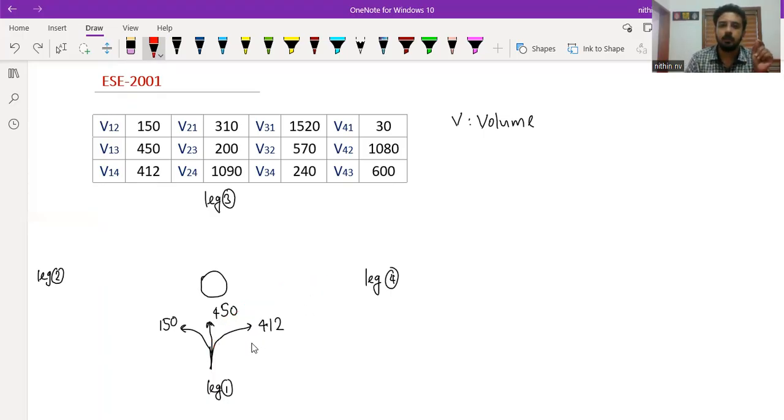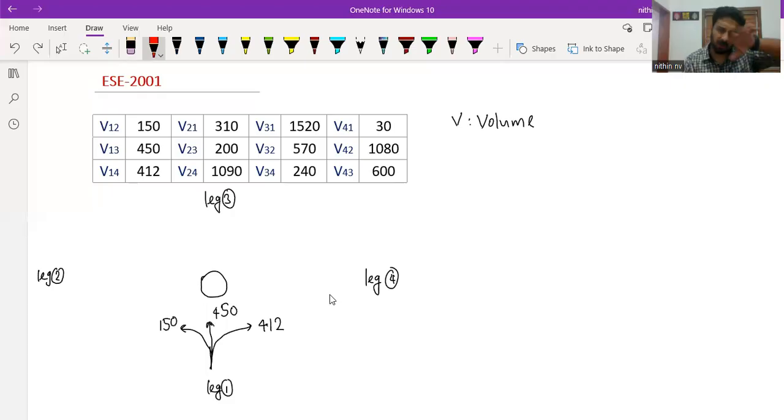In a roundabout, the vehicles cannot take a right turn directly like that. So what will they do? They will enter into the roundabout, take the clockwise movement, and whenever they reach here, they will take the exit. So this is what is happening in a roundabout, right? We know that.